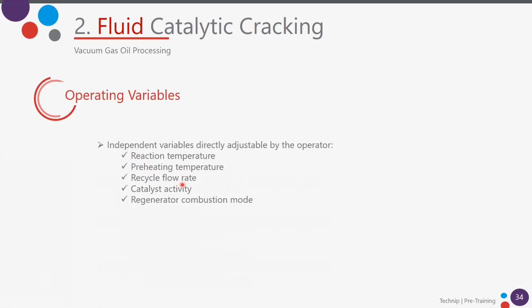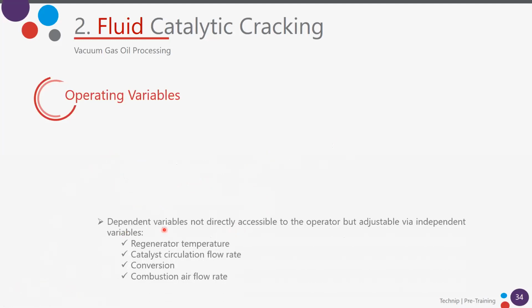You can adjust the recycle flow rate, but we will see that in normal operation we don't have any recycle. We can adjust the catalyst activity, and we can adjust the combustion mode, that in our case is total combustion. So these are the variables that can be adjusted by the operator, and we call them independent variables.